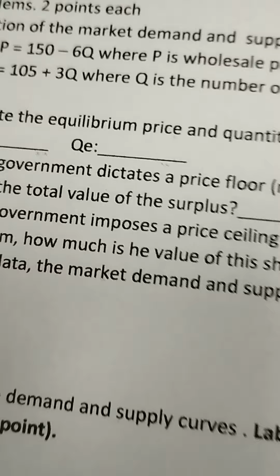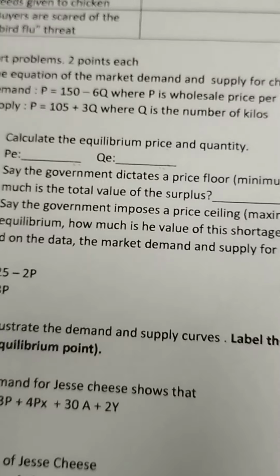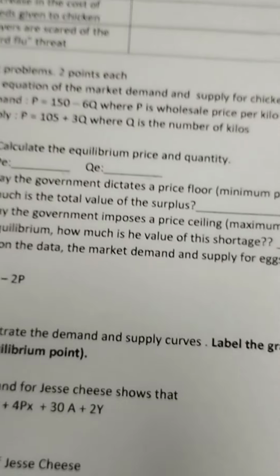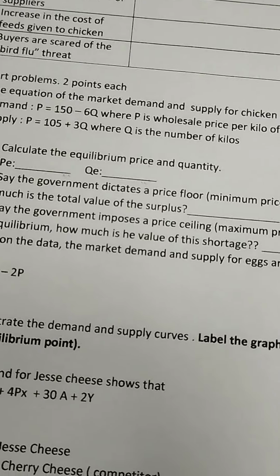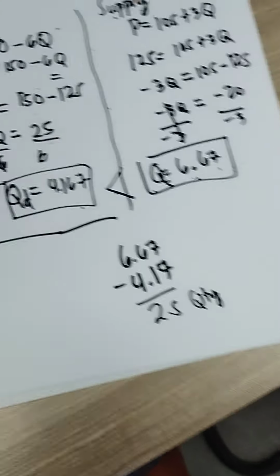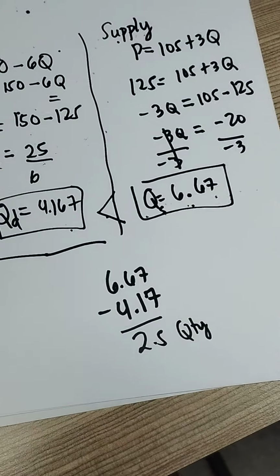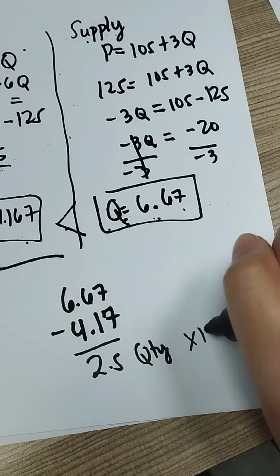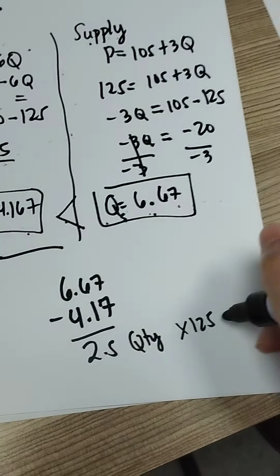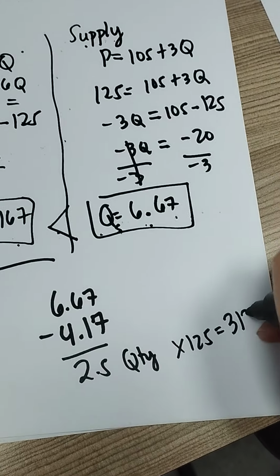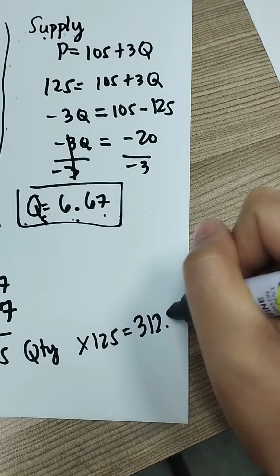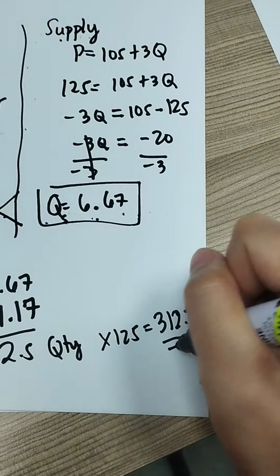But the question is not asking for the excess quantity. It's asking for the total value of the surplus. Remember that the selling price is 125. So, if 2.5 is the excess, meaning, multiply it by 125 per kilo, then the amount of the surplus is not 2.5, but it's 312.5.